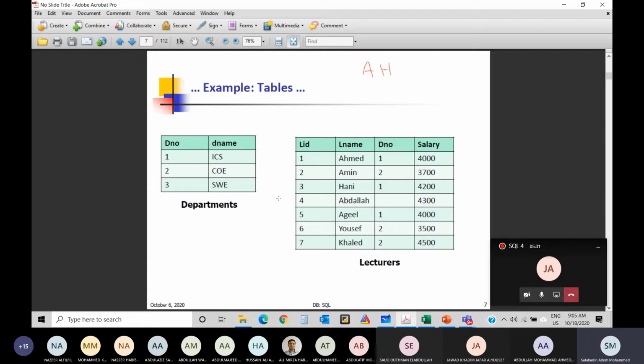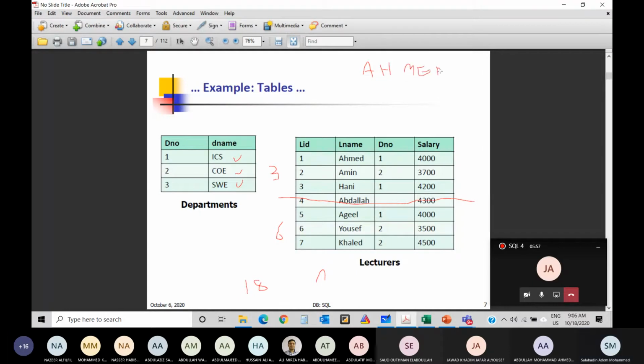Because this one is not included, since he doesn't have any department, sorry. But what I will have is 1, 2, 3, 5, 6 rows. Here I have 3 rows and there 6 rows. I will have in my output 18 rows. So Ahmed will be repeated 3 times with ICS, with COE, with SWE. The same thing with Amin, ICS, COE. So Ahmed has 3 specializations.